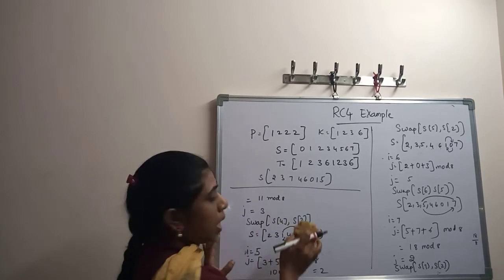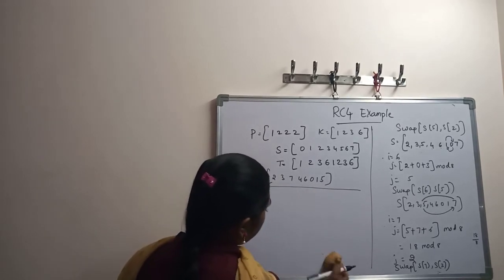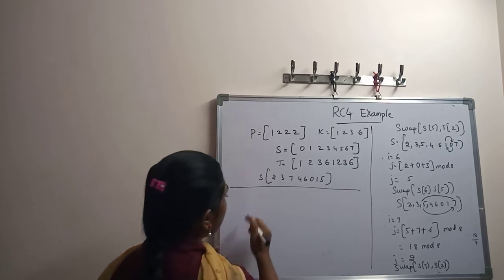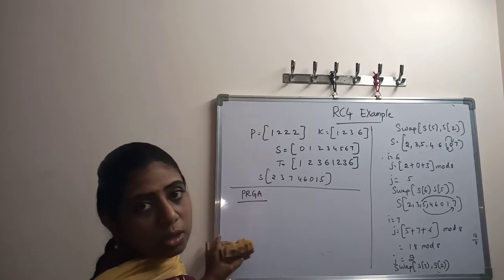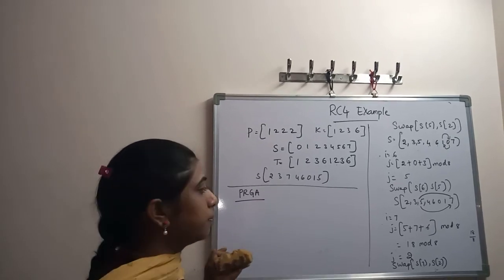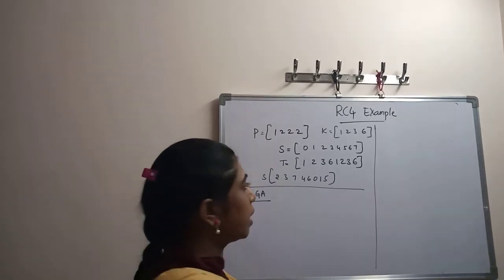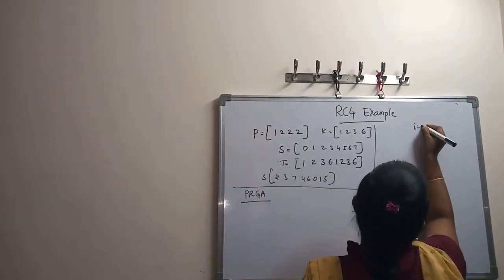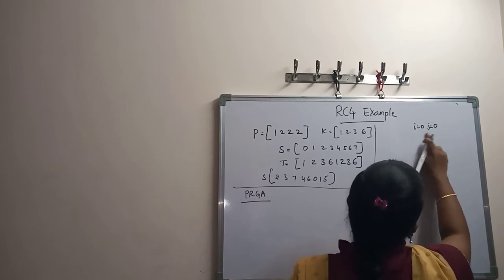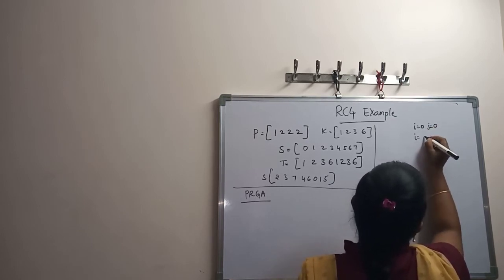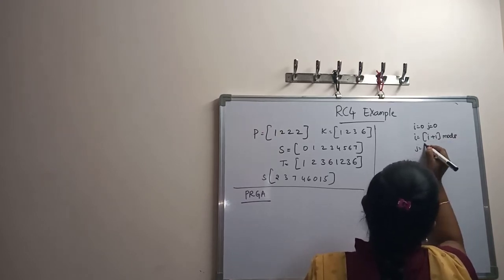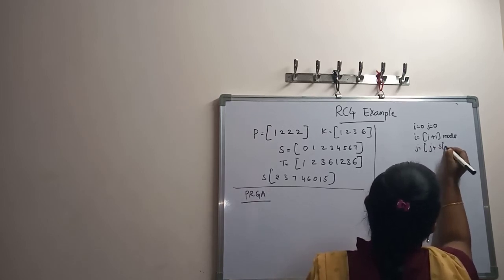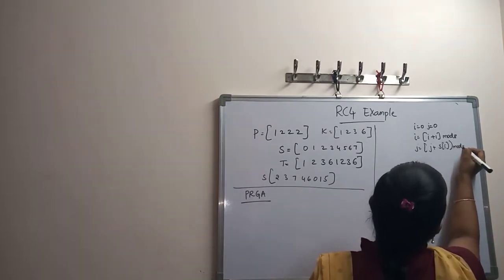Then we are going to generate the key values using the PRGA, that is the pseudo random generator. In the pseudo random generator, initially i is equal to 0, j is equal to 0, then i is equal to i plus 1 mod 8, then j is equal to j plus s of i mod 8.